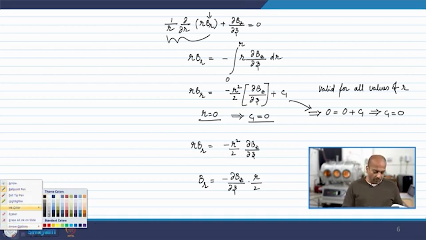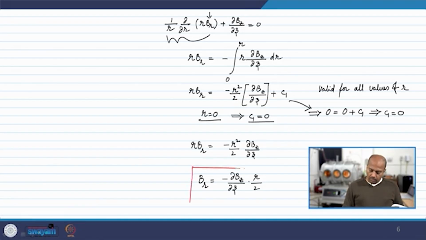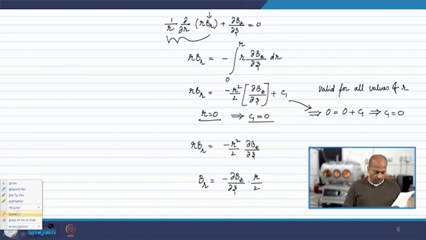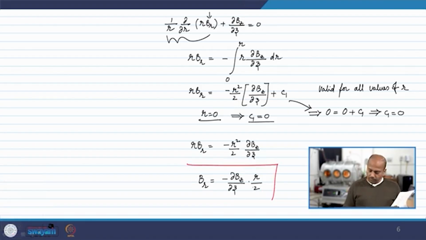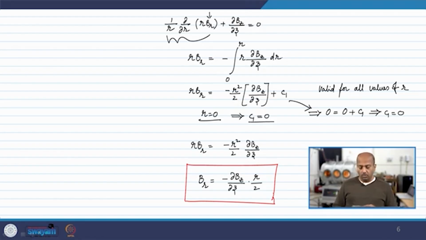Where did this minus come from? This minus came from the fact that the divergence has to be 0. That is why this term, when taken to the other side, gave us a minus. Right. Now we have Br, but most importantly, Br seems to be just dependent on the magnetic field Bz and the way it changes with z, and it also seems to be dependent on r.